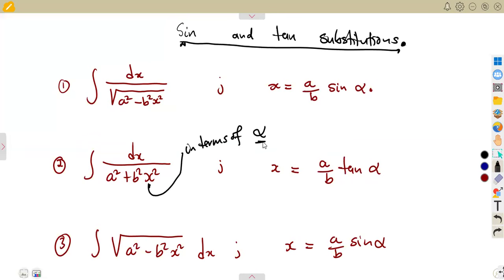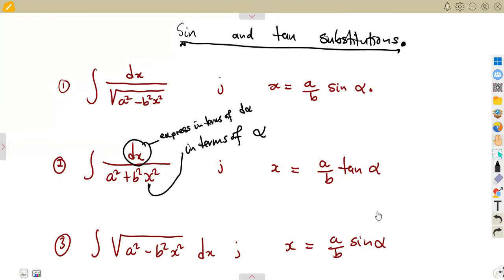Because the moment you substitute, it means you must express this also in terms of d alpha, that is the derivative. Remember, dx means with respect to x. So d alpha with respect to alpha.